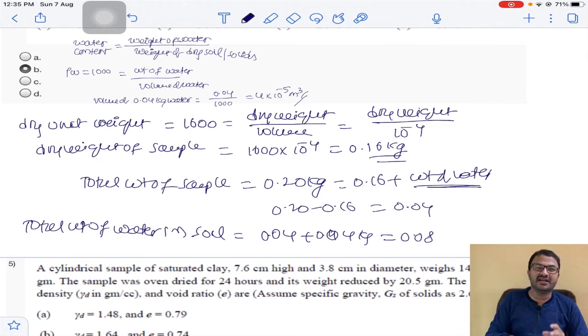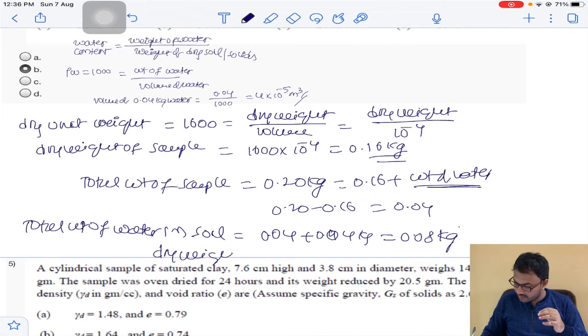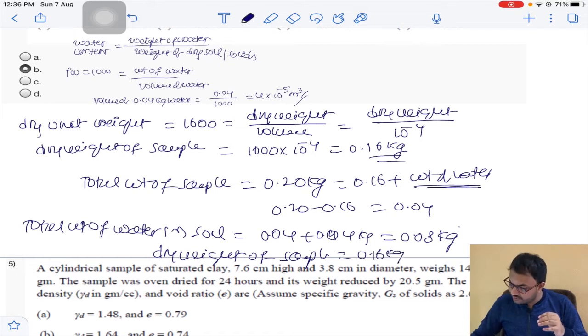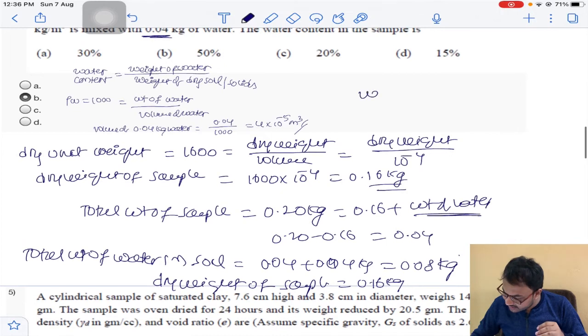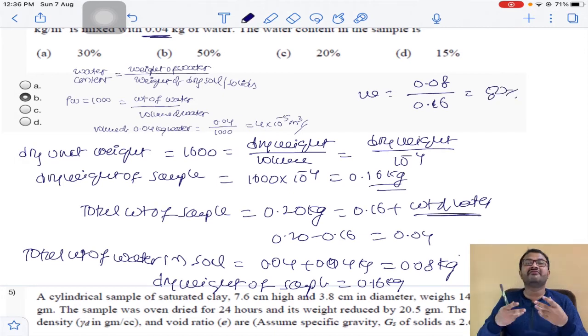Total is 0.08. Now what is the dry weight of the sample? That will be 0.16 kg. Now what is water content? 0.08 divided by 0.16. You will get 50%.